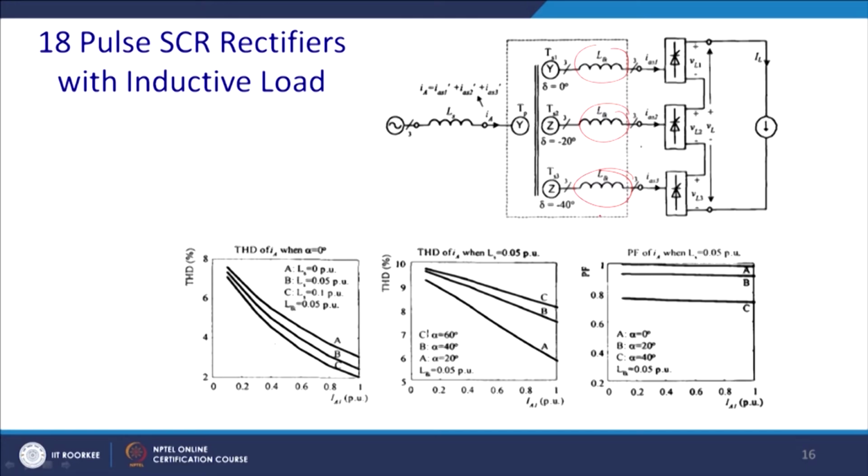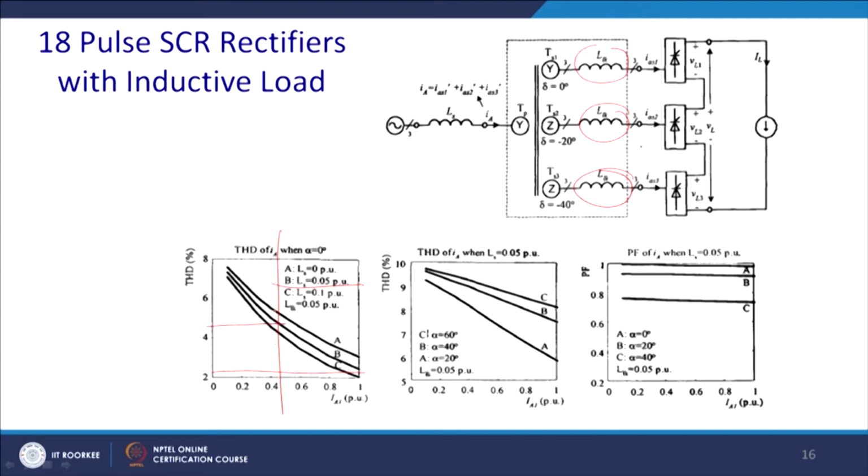So, in this case, let us take the entity B for Ls. You will find that the THD for B for full load is close to 2.5, 2.3, and for half of the load you can get close to 4%.